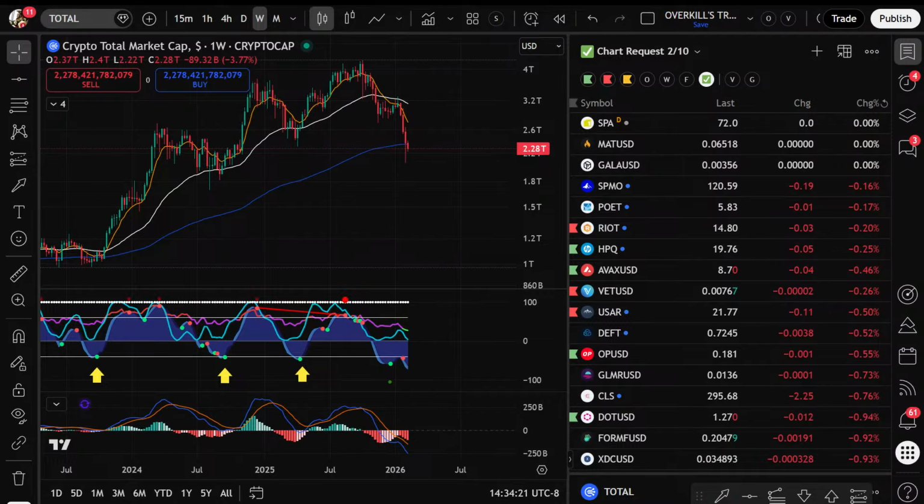That's how small crypto is, guys. It is tiny. It is so easy to manipulate. That's why these moves happen. If this doesn't blow your mind, I need you guys to go research market cap and why it's important.